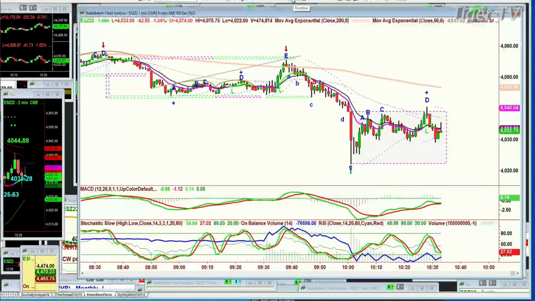So this is your midpoint. Normally I would use the body of the candle as your marker. If it starts to trade at 4,028, be careful because it could go all the way down to test the low of the day, which so far I think is 4,022.